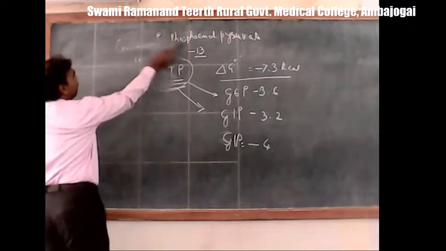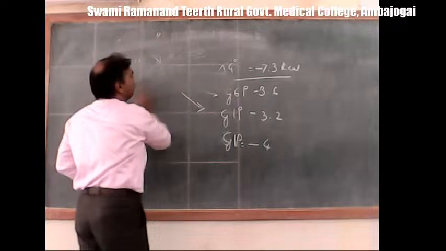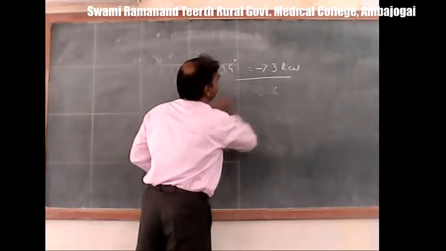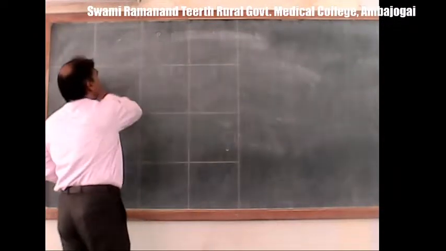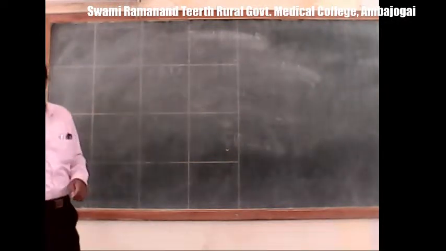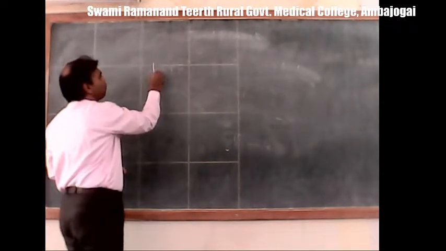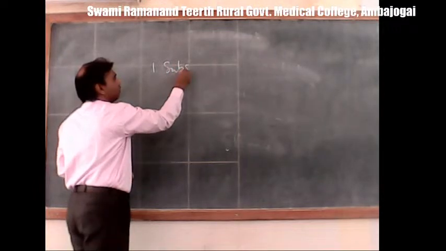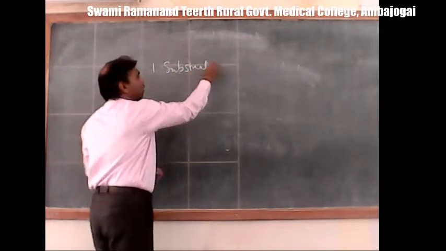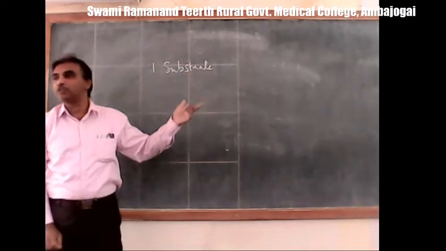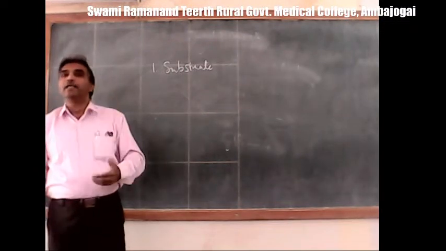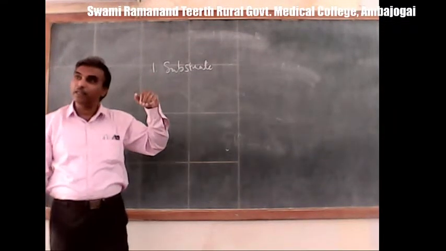Now this adenosine triphosphate, yesterday we have seen that it is synthesized in two ways. One is substrate level phosphorylation. Now this substrate level phosphorylation, as you all know, the energy is given at the substrate level itself.